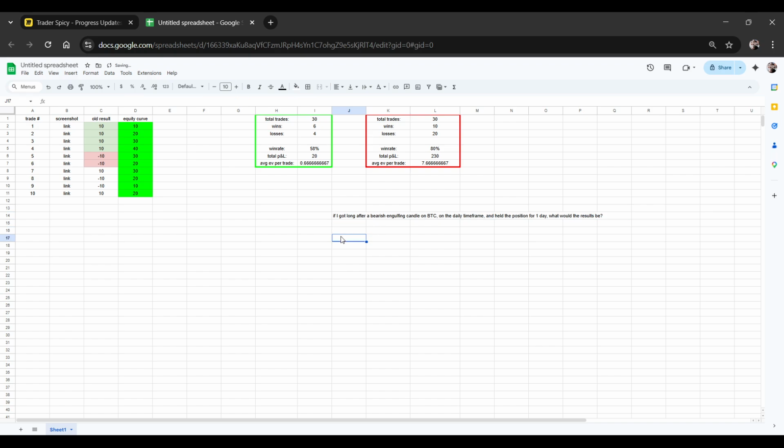So here you just pull up TradingView, find every single time that there was a bearish engulfing candle. I'll say, and caveat, from 1st January 2017 until today.